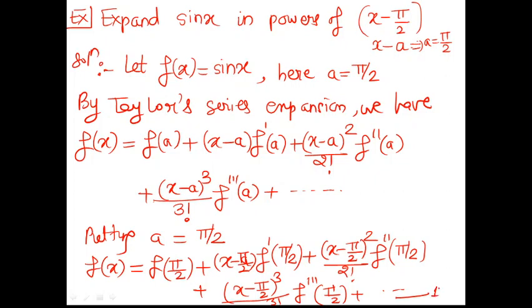Let's call this equation 1. In order to get this expansion, we want the value of the function and its derivatives at pi by 2. So let's find that out. Given f of x is sin x, its value at pi by 2 is obtained by replacing x with pi by 2.